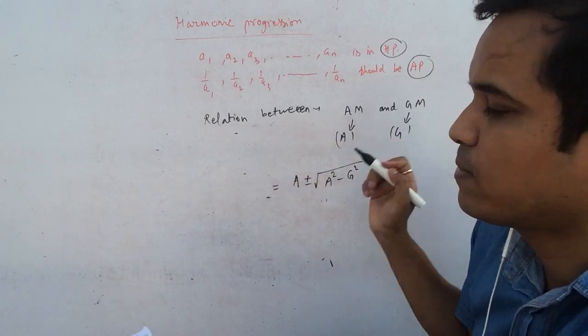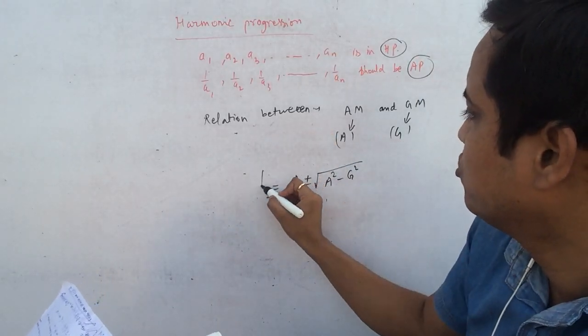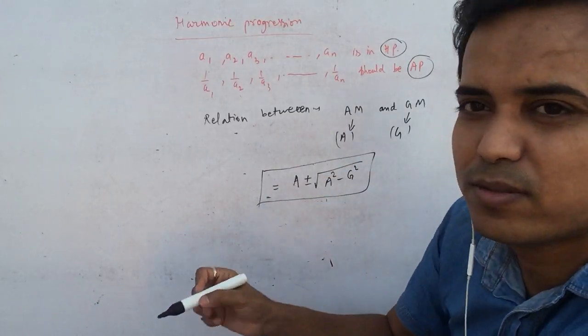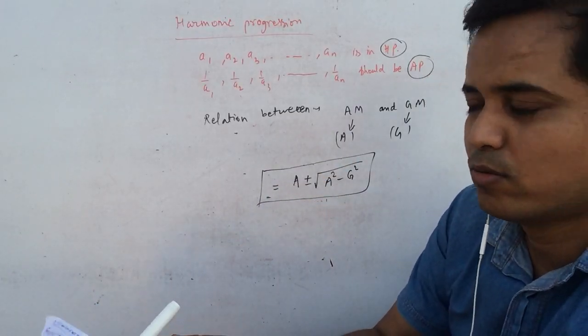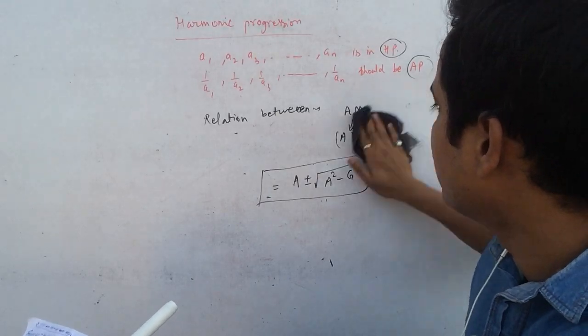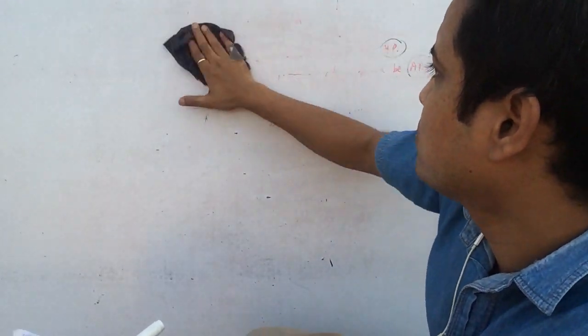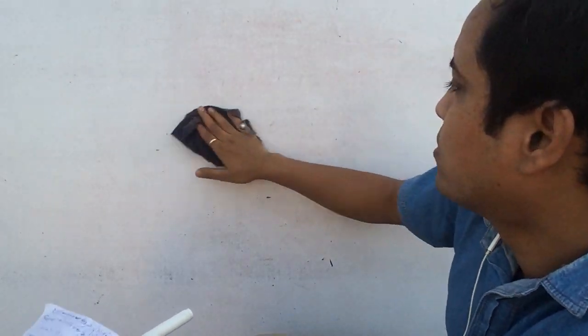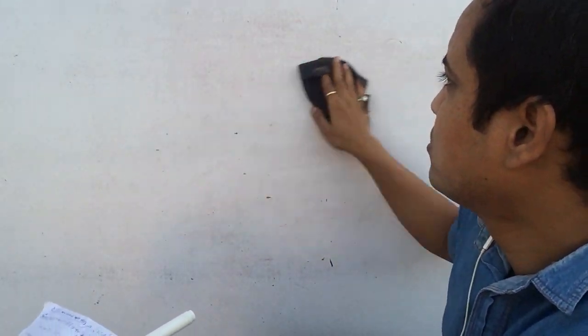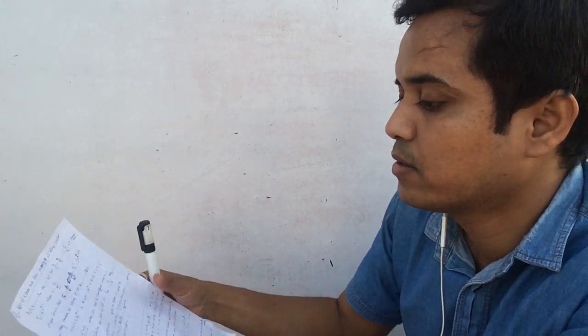So just learn the relation between arithmetic mean and geometric mean. Generally we use this in questions. So I'm going to solve some questions related to geometric progression and geometric mean.